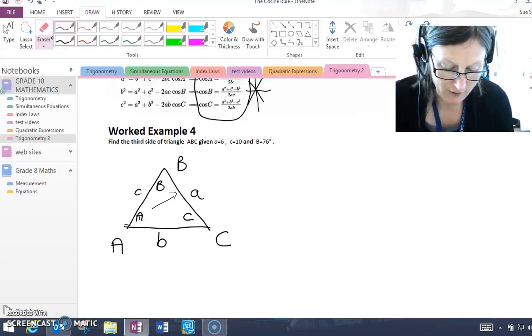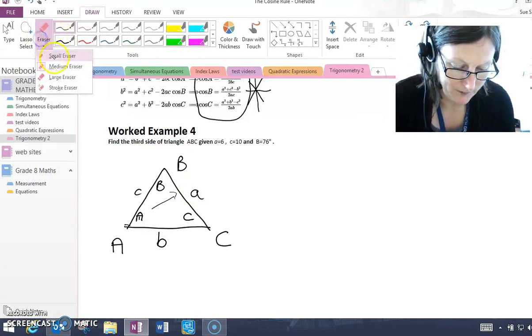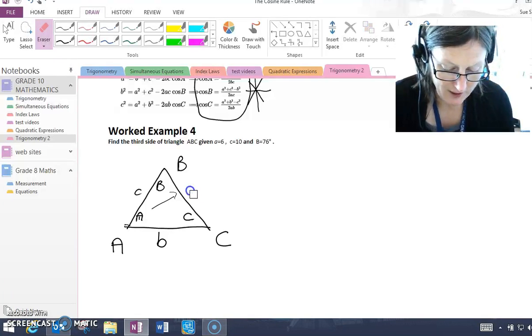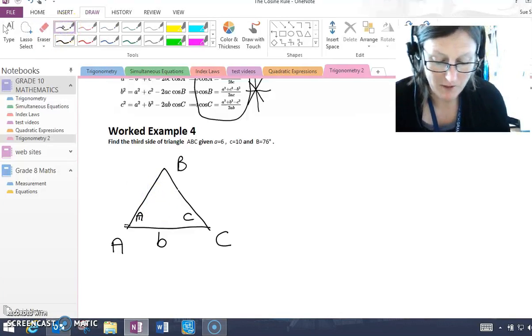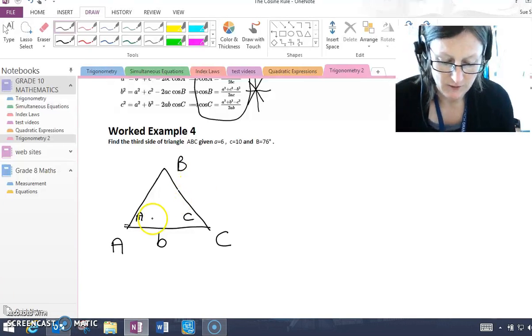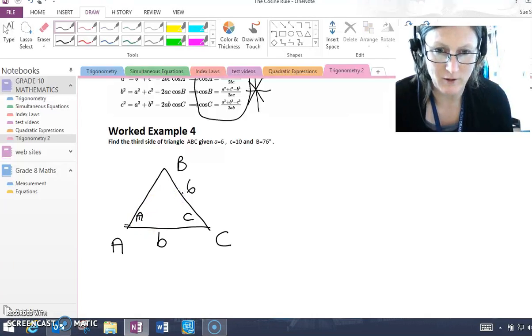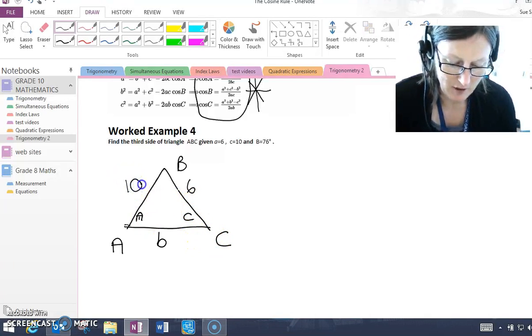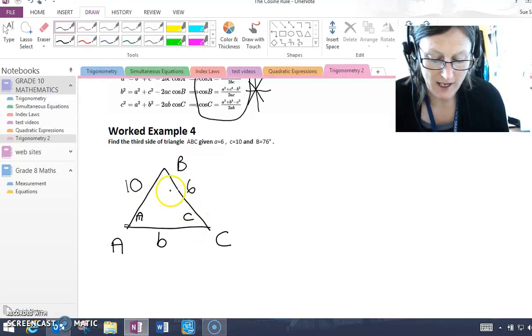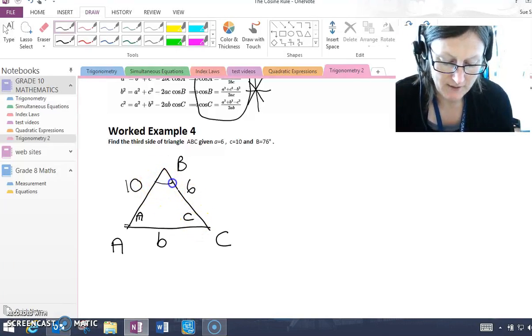So I have been told that side A is 6, that side C is 10, and that angle B is 76 degrees. So I'm going to mark that information in. So side A is 6, side A being opposite angle A. Side C is 10, being opposite angle C, and angle B is 76.